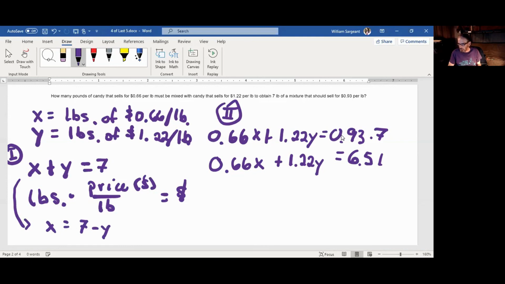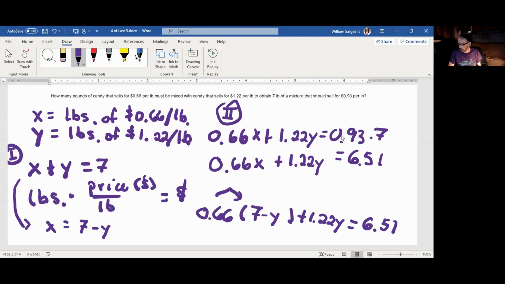I can do substitution. Distribute. 0.66 times 7, whatever that is, I'd expect that to be similar to 6.51. Similar size, and it is 4.62.